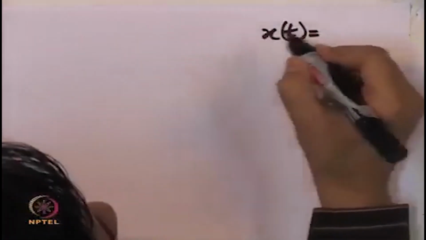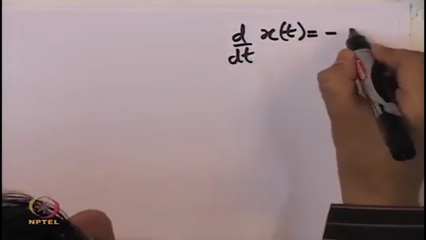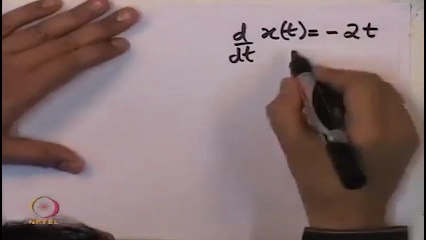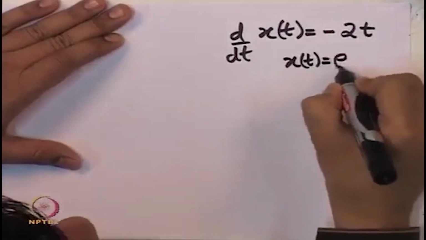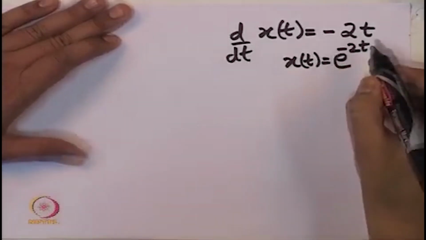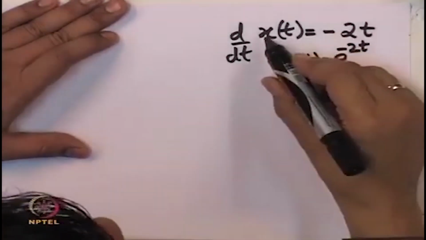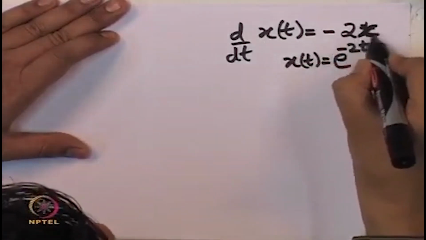We take x dot is equal to minus 2 times x, in which case we know the solution. Sorry for the mistake, we are doing x dot is equal to minus 2 times x.